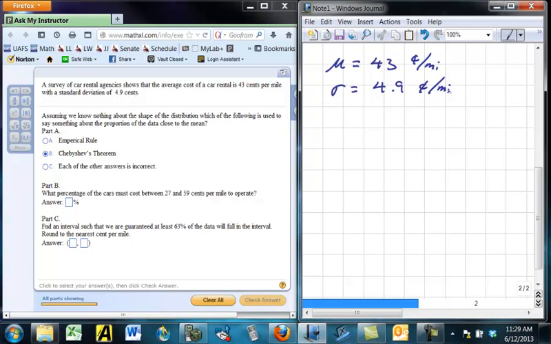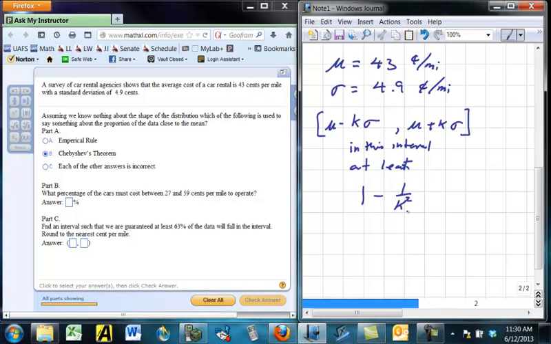But remember, Chebychev's theorem says if we go from mu minus k standard deviations to mu plus k standard deviations, in that interval we're guaranteed to have at least 1 minus 1 over k squared of the data.